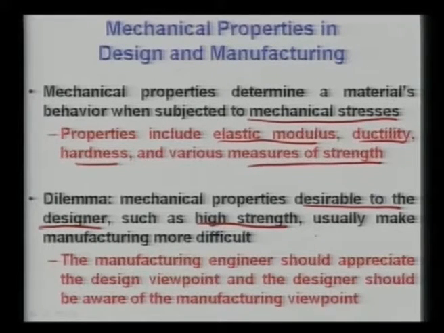So whatever is desirable to a designer many times makes it difficult for a mechanical engineer or material scientist to process that material. So this point is important, because these are some of the finer details that a student or researcher should understand or take note of.